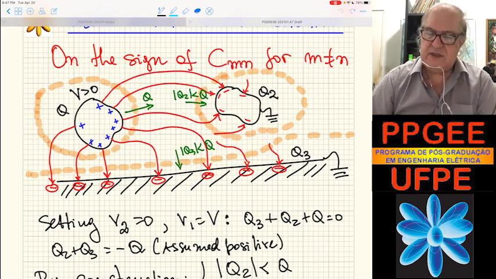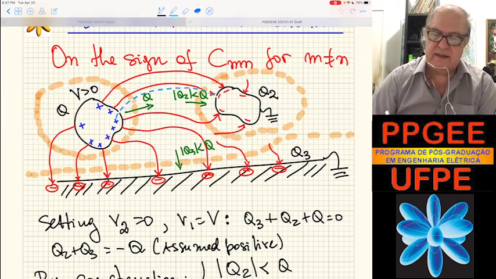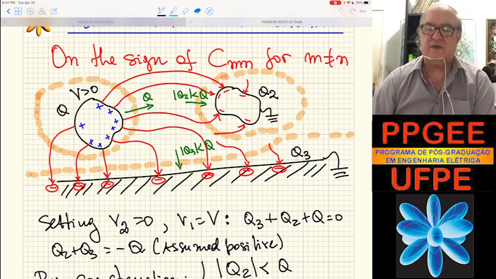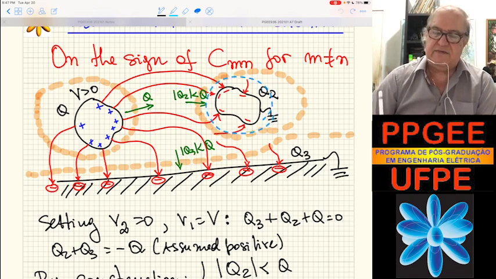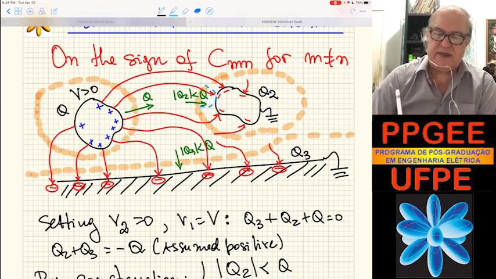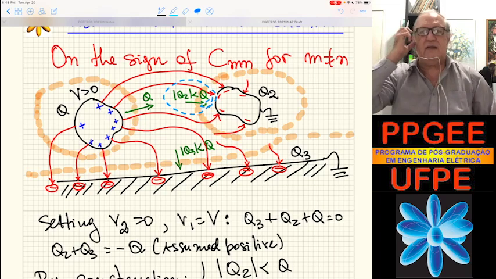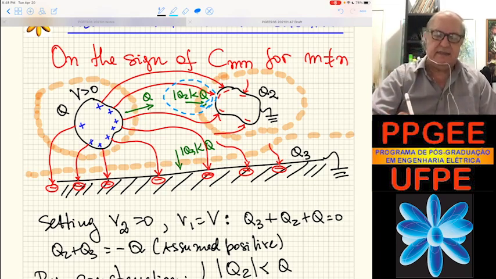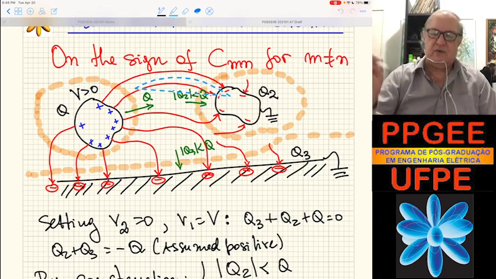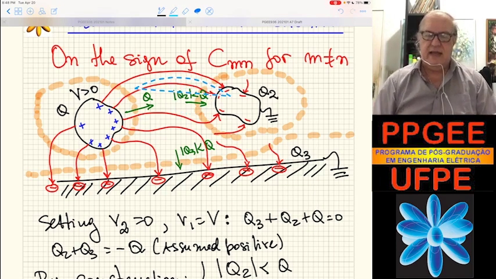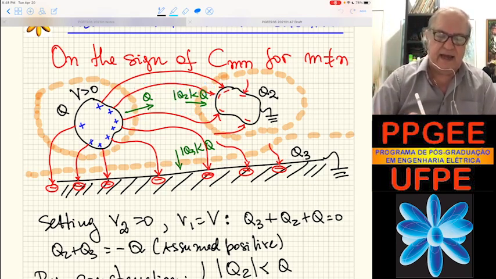We have an induced charge, and you see that the lines end on the electrode Q2 partly. So I have induced negative charge, and the magnitude of the charge is smaller than Q, because not all of the lines go to the second electrode. In addition, part of the lines go to this ground electrode.